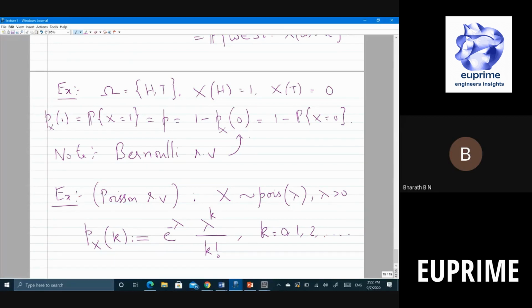So this is an example of a Poisson. It is typically used to model, for example, the number of people arriving at a queue, or the number of electrons emitted from some filament, or the number of packets arriving at a router, and so on. Okay, is this fine? Yes.